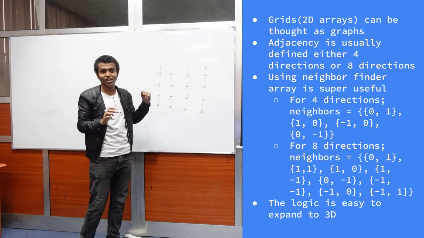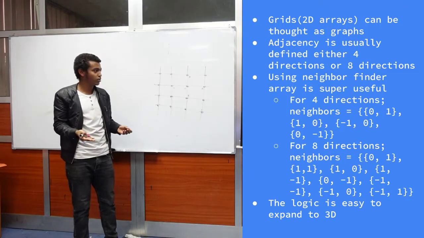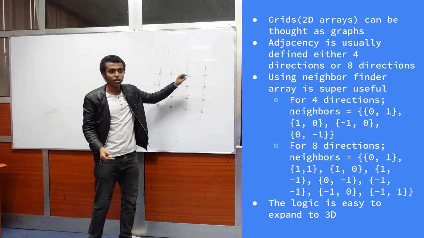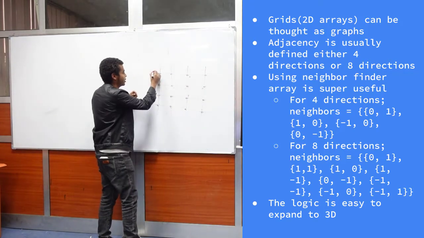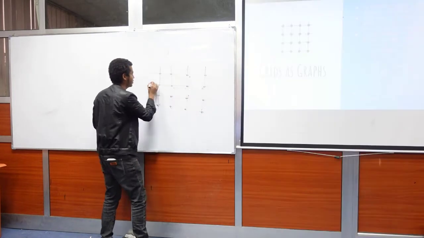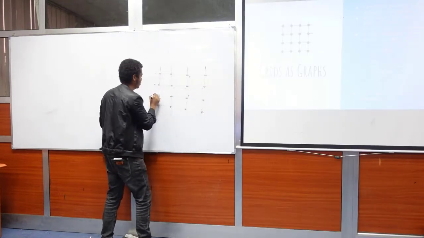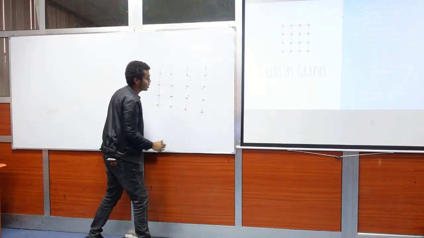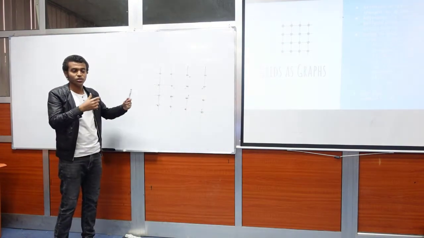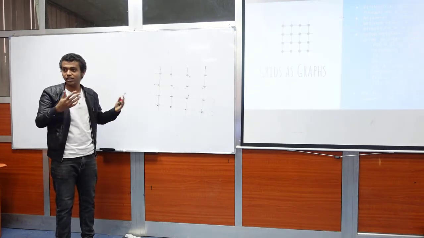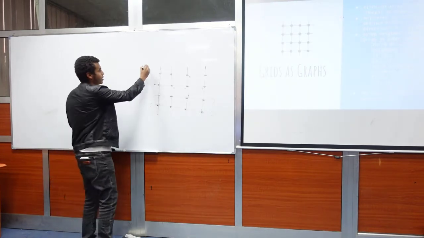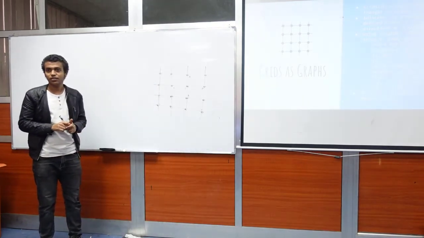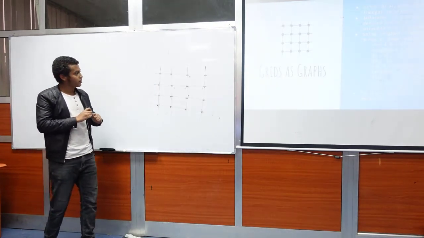Assuming this grid is a multi-dimensional array, these whole vertices, 4 of them, could be one array. We can think of this as a Cartesian coordinate system, but since we normally operate on arrays, let's use the arrays. And then it's a big array containing all of the arrays. Right? Is it clear? Okay.